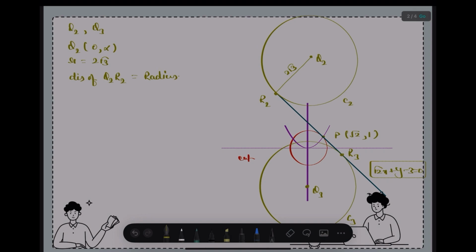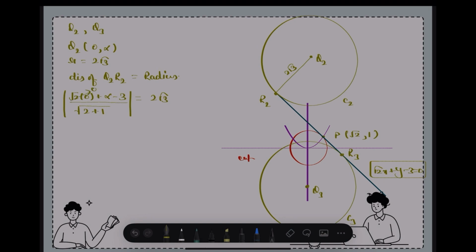Point satisfaction upon root over a square plus b square. So root 2 into 0 plus alpha minus 3 upon root over a square plus b square, and this is equal to 2 root 3, right? So this thing will become 0.